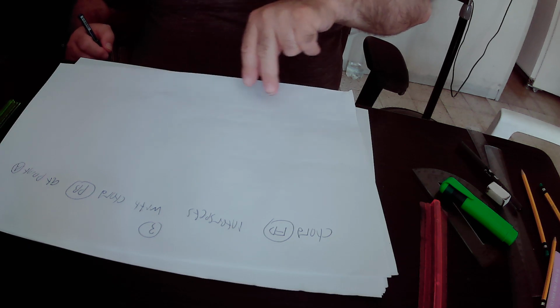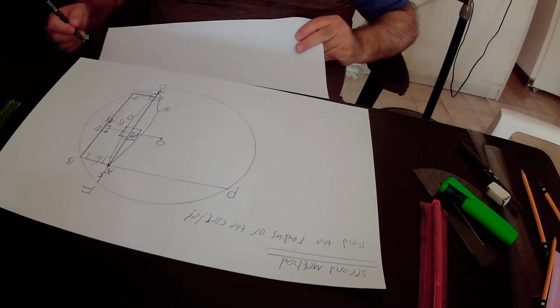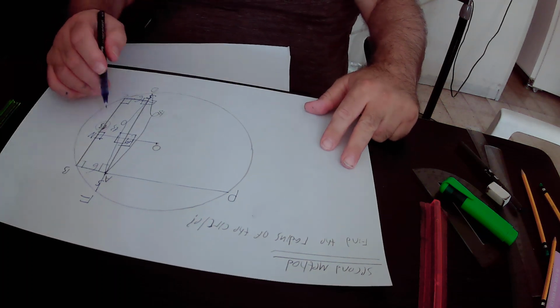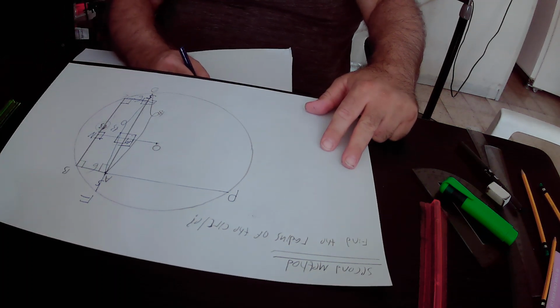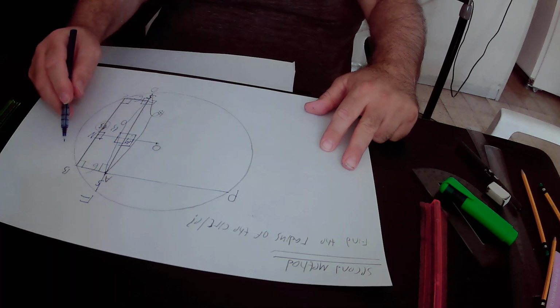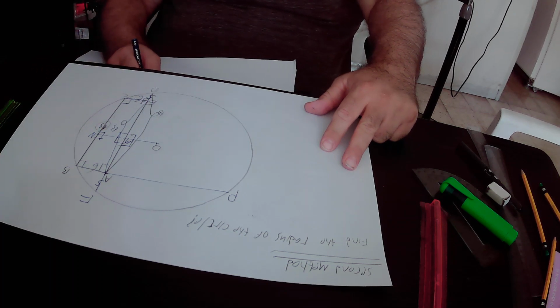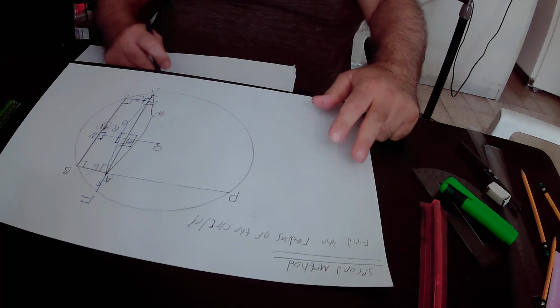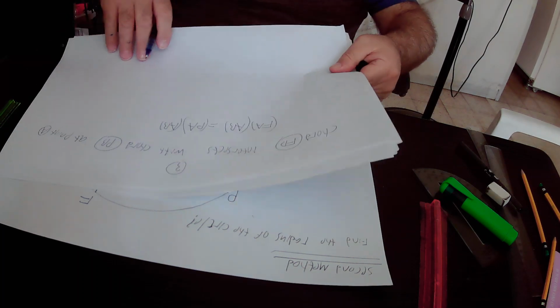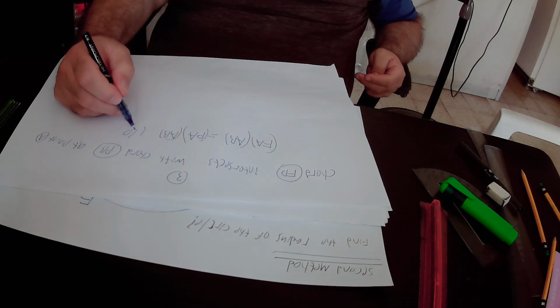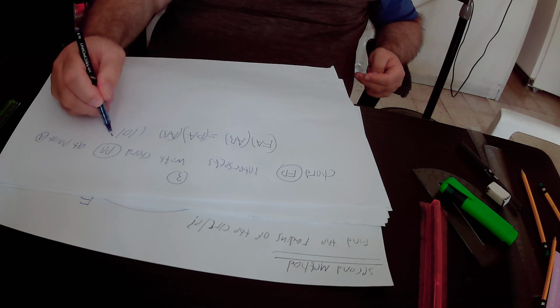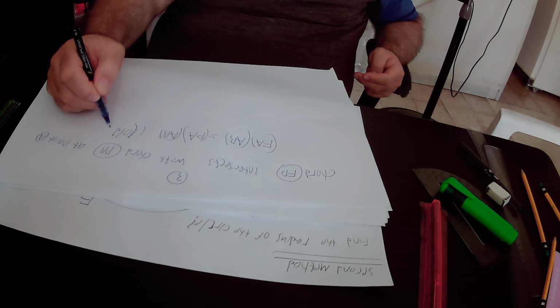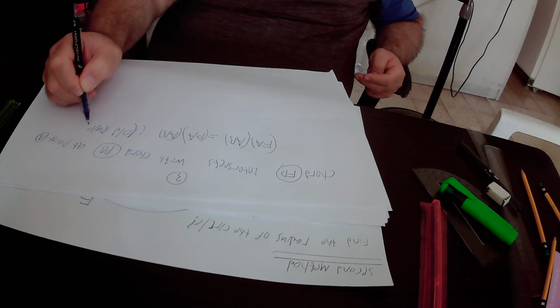Therefore, according to the old rule number 2, we will get that FA times AD equals PA times AB. And this is according to the old rule number 2.